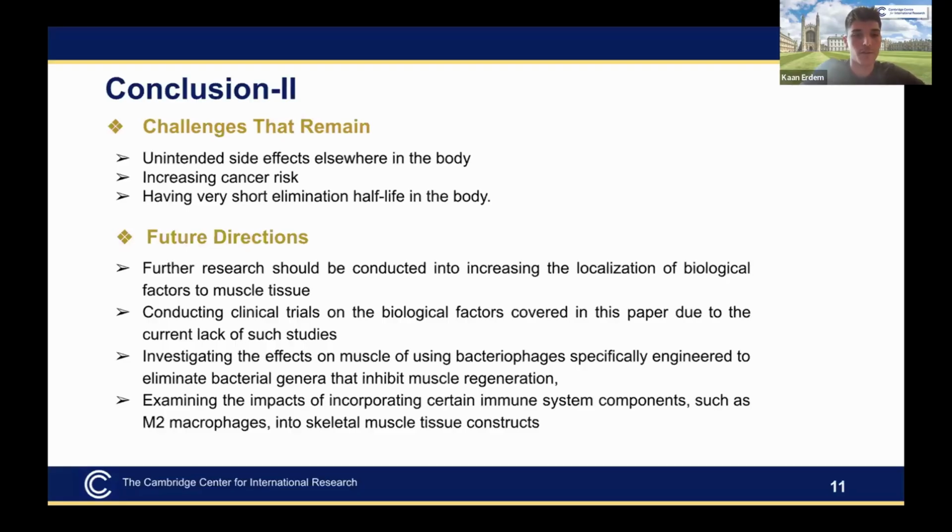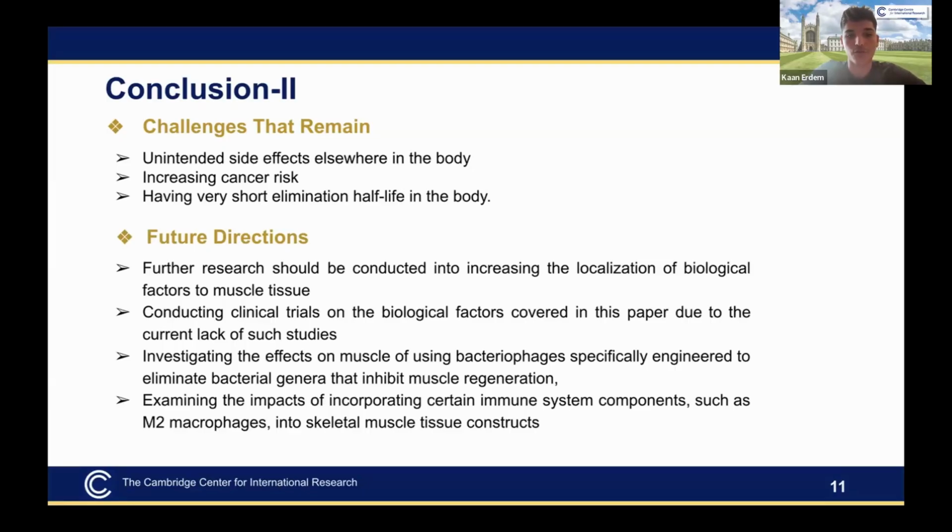However, the future directions that may mitigate this and should be looked into further were, in short, that further research should be conducted into increasing localization of biological factors to muscle tissue. Conducting clinical trials on the biological factors covered in this paper should also be an important future direction for research, as there's a current lack, as mentioned before, of clinical trials.